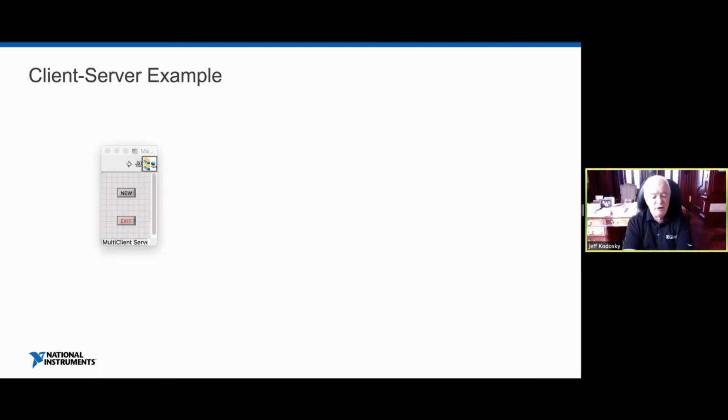Here's an application with a dynamic number of clients, a server, and a dynamic number of workers, 1 per client. This example, again, has a trivial UI, and I'm just using this to set it up.